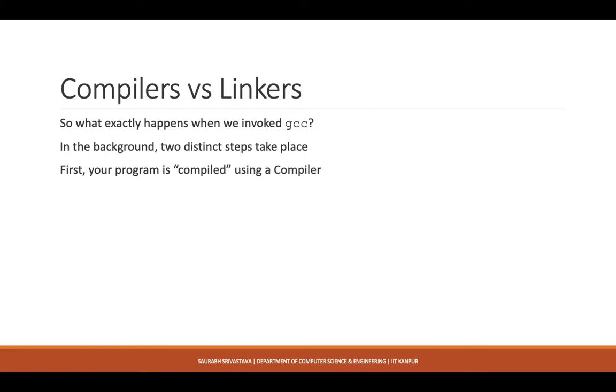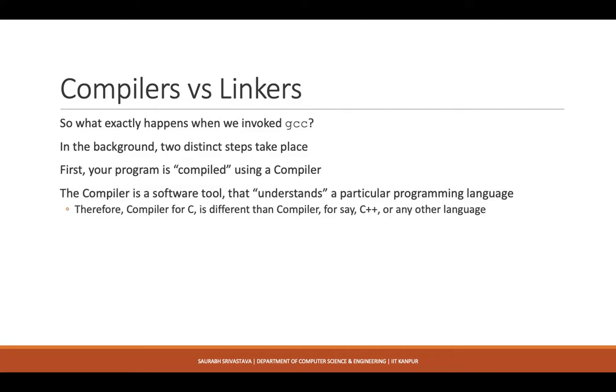The first step is that your program gets compiled into some kind of object code, and this is done by the compiler. We already know that a compiler is a software tool that understands a particular programming language. For example, there is a compiler for C, and there is a compiler for C++.